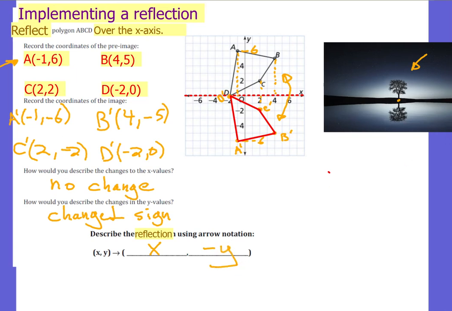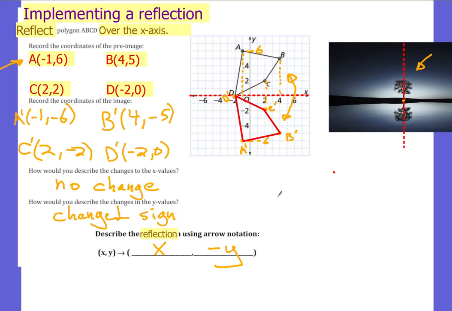And you can imagine if I took a reflection that was vertical, like across the y-axis here, you'd see that the y would stay the same, but the x's would change signs. So here we have a rule of thumb for reflections across a specific axis. And if I tried a different axis, I could make a new rule for it.